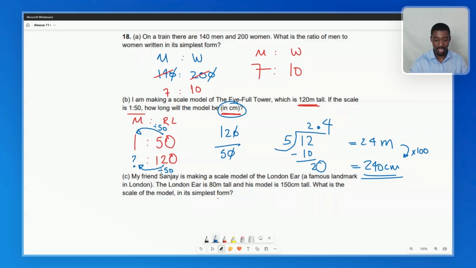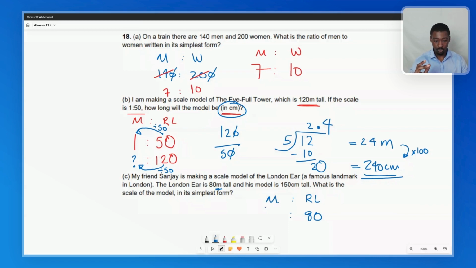Okay, so here again we have the ratio, and we're looking at model versus real life. Let's try and plug in some values. In real life, we know the London Eye is 80 meters tall, and it's in meters, so be very careful about this.